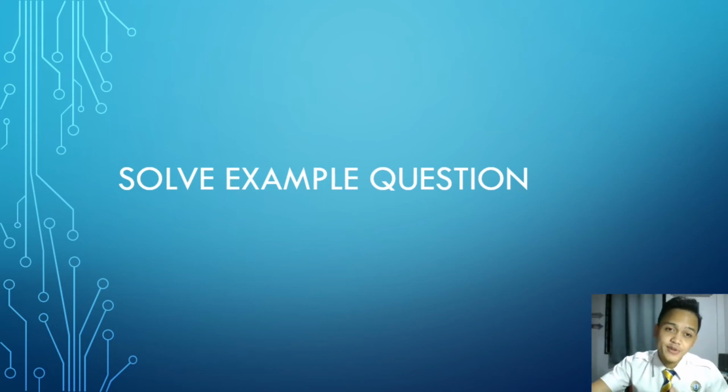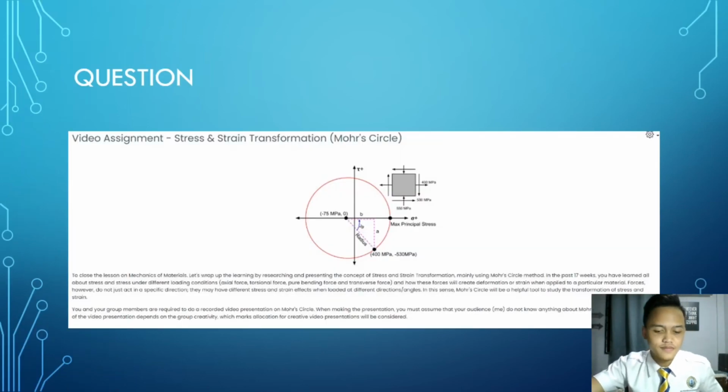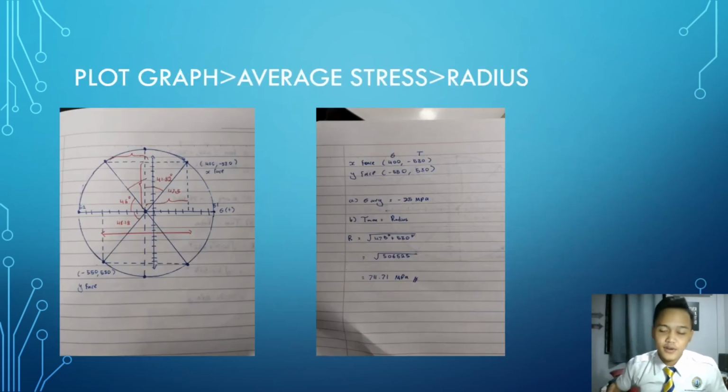Now I'm going to explain how to solve the example question on the VLE. So this is the question that we get. First and foremost, we need to find two coordinates, which are the x face and y face.